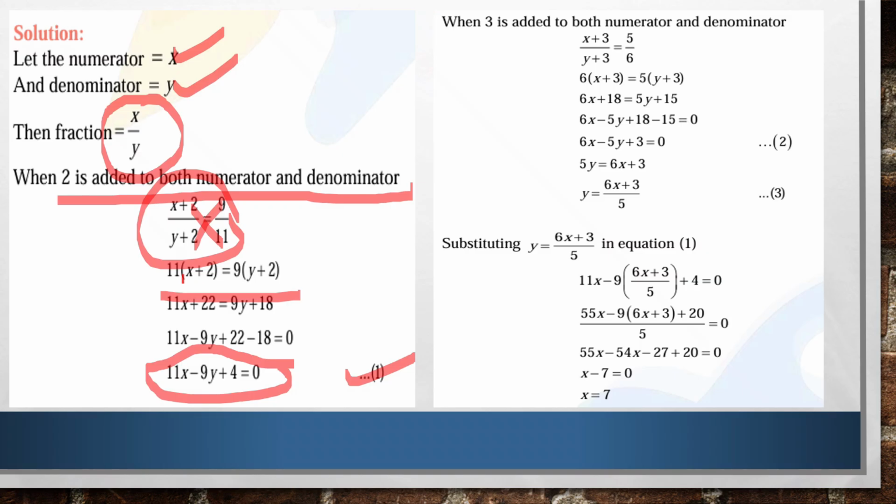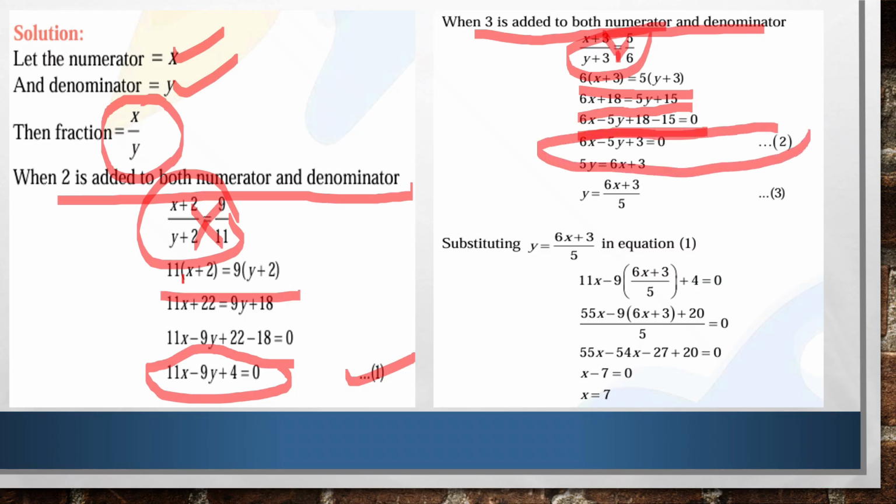So another condition that is given here: when 3 is added to both the numerator and denominator, I can write x plus 3 divided by y plus 3 is equal to 5 by 6. Again do the cross multiplication, that is 6 into x plus 3 is equal to 5 into y plus 3. So I'll get 6x plus 18 is equal to 5y plus 15. If you put the similar numbers together, 6x minus 5y plus 18 minus 15 is equal to 0, you will get equation 2 as 6x minus 5y plus 3 is equal to 0.